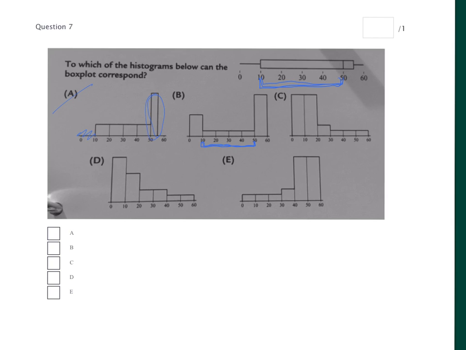So that means that this is 25% of my data. That's all from 10 to 50, which would make sense here. And then I have a lot of data between 50 and 60. Remember, the shorter on the box plot, the more data between a shorter span.